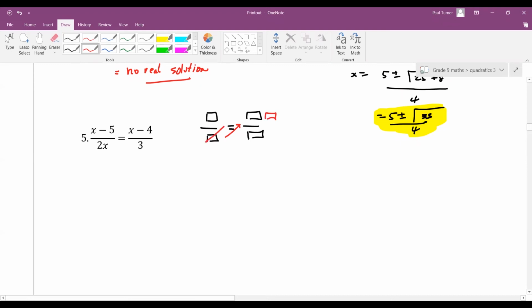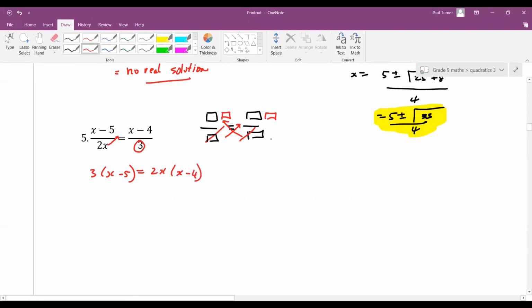And this term or whatever is written here, that part will go up to here like that. So what you do here, when you've got a fraction equals a fraction, we bring the 3 to the top. And then we'll bring the 2x to the top here.